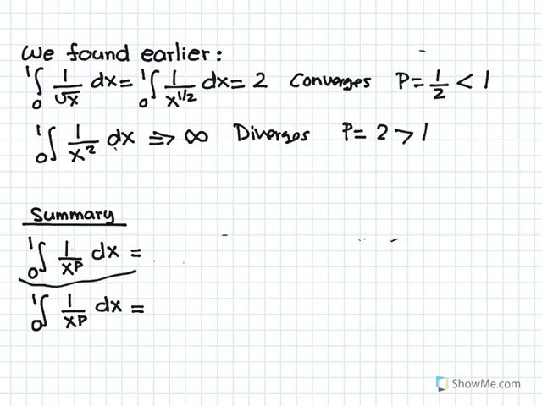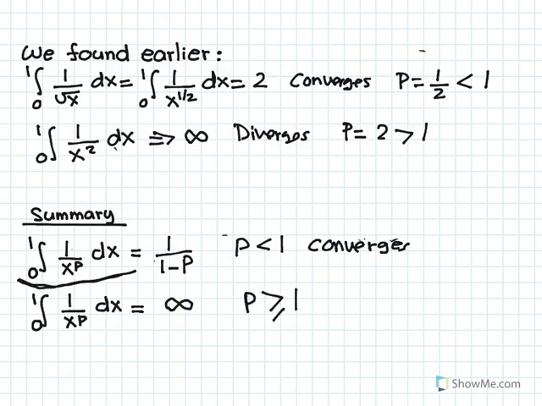The integral from 0 to 1 of 1 over x to the p dx is equal to 1 over 1 minus p when p is less than 1, and it converges, and it is equal to infinity, it diverges, if p is larger than or equal to 1.